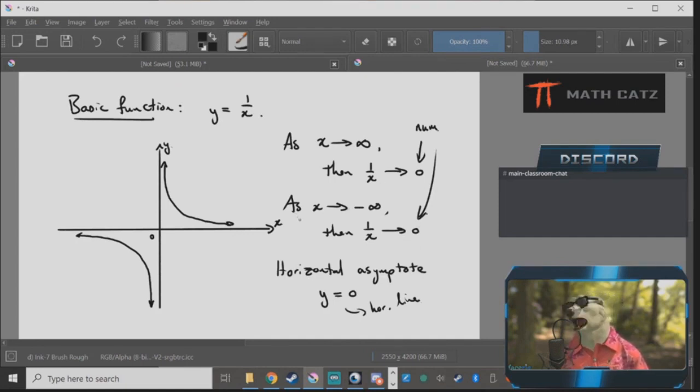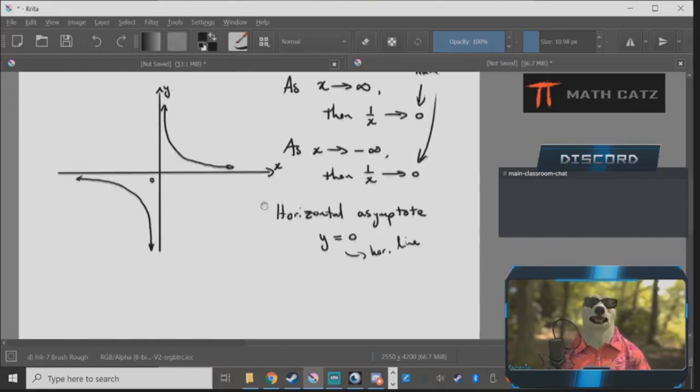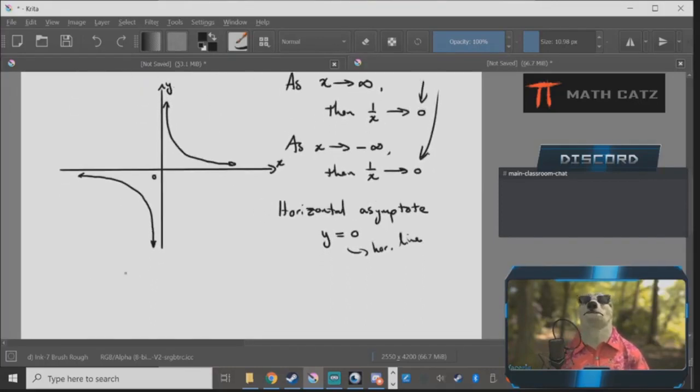Now, I also have other kind of quote-unquote long-term behavior, that as I get close to 0, the y value blows up. For now, I'm just going to write this in words, and we have to refine the mathematical language a little bit later.